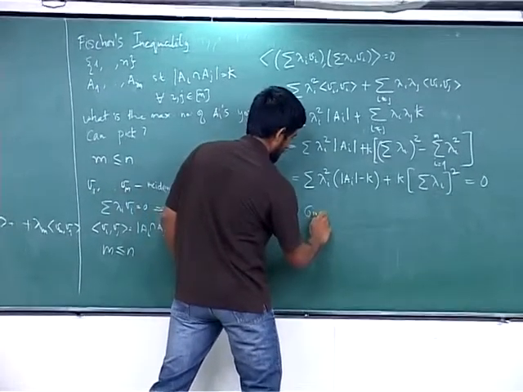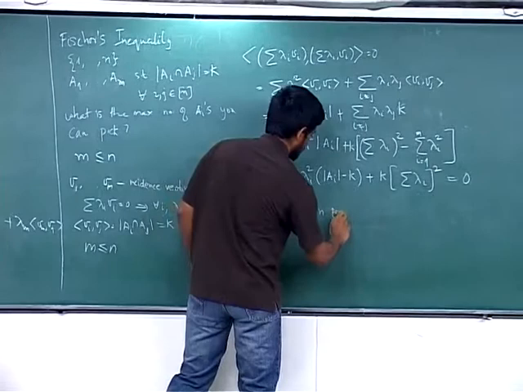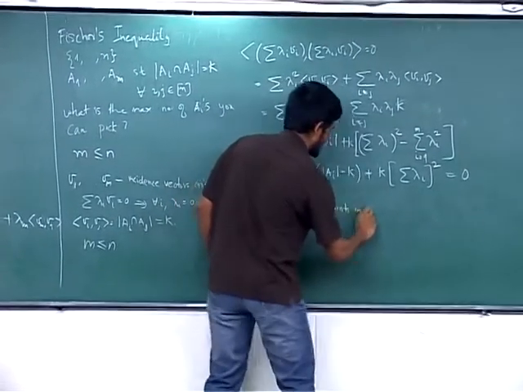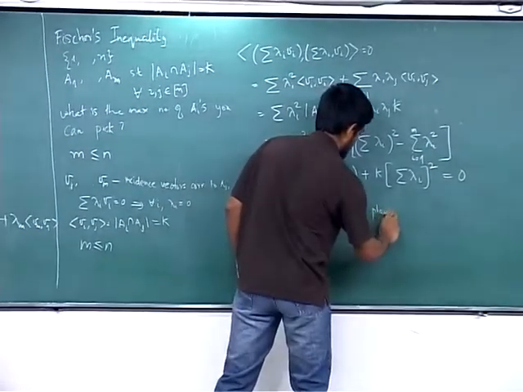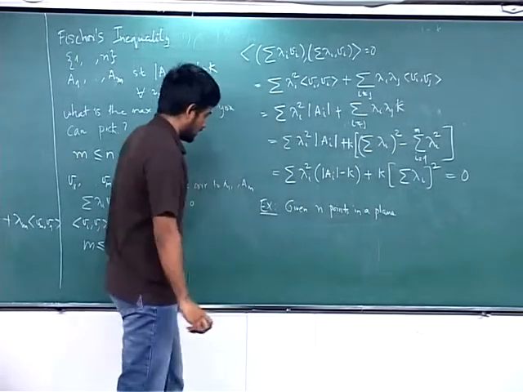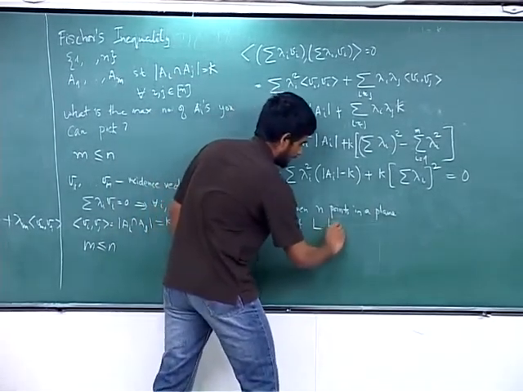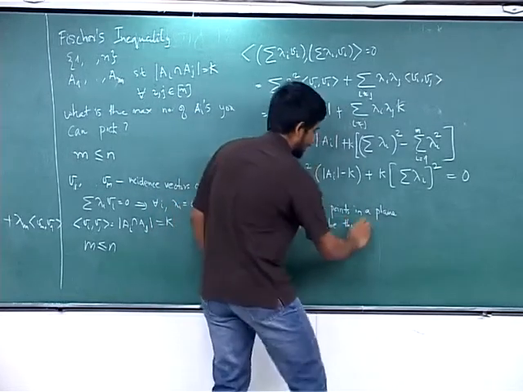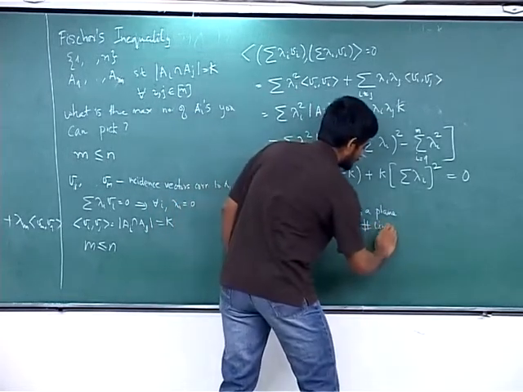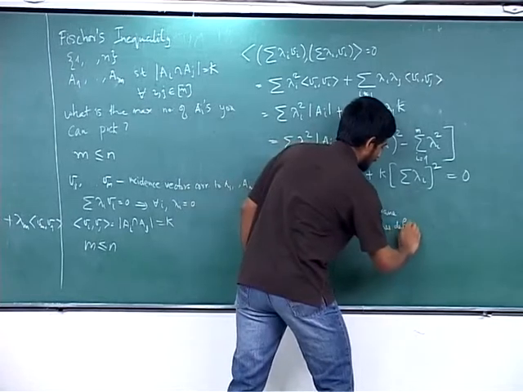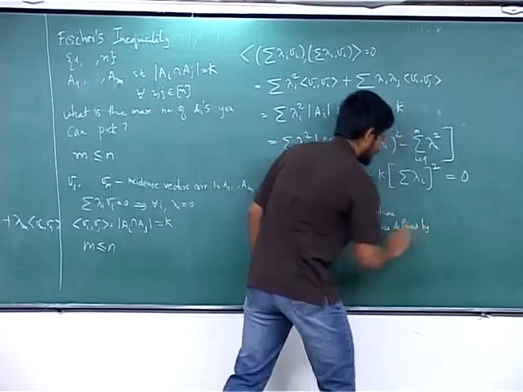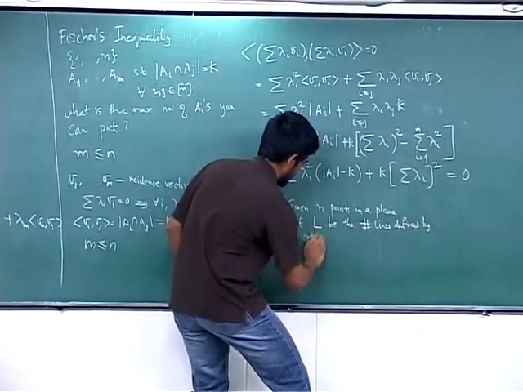Given n points in a plane, let L be the number of lines defined by each pair of points.